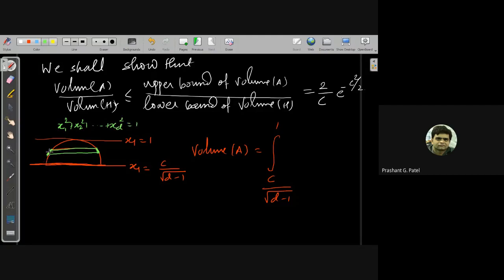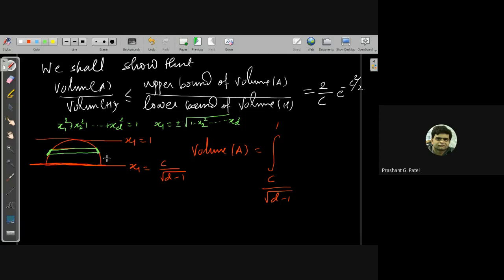That is the equation of this one. But this portion is not this much. That portion is x1 equal to plus or minus square root of 1 minus x2 square up to xd square. So plus 1 will denote this.